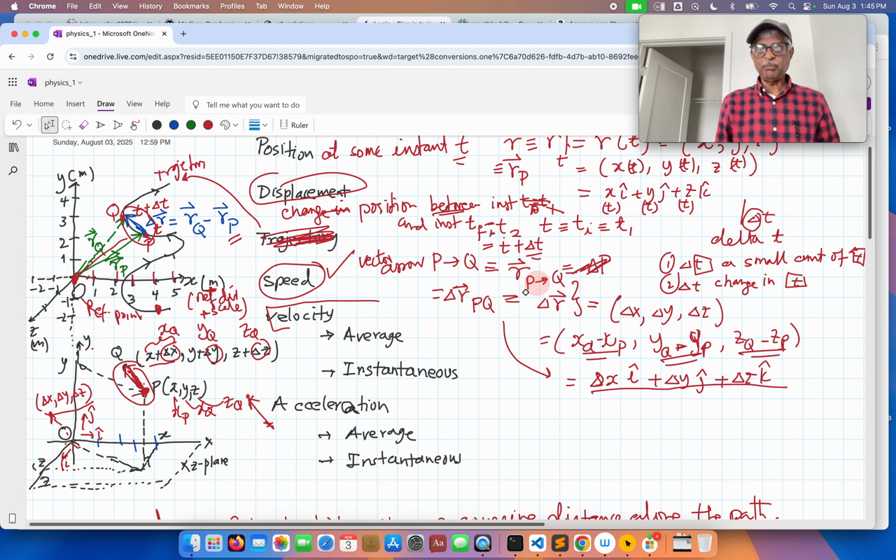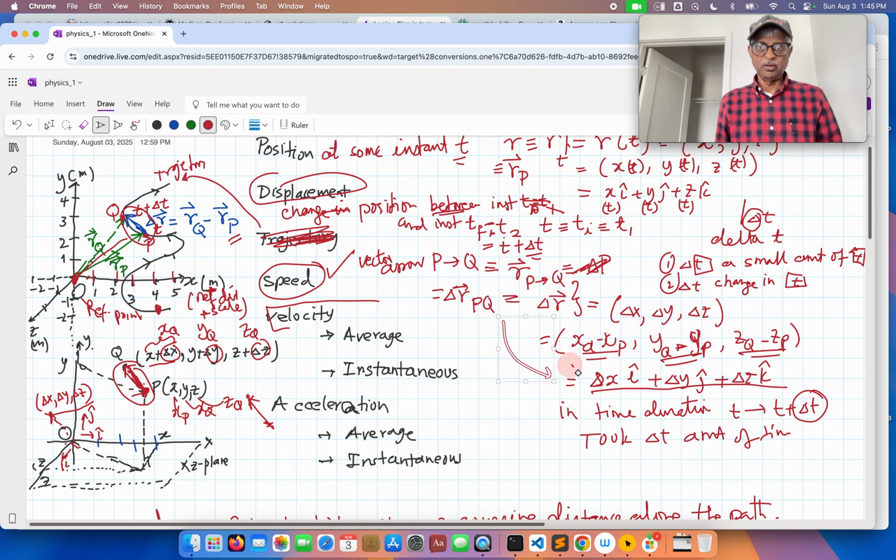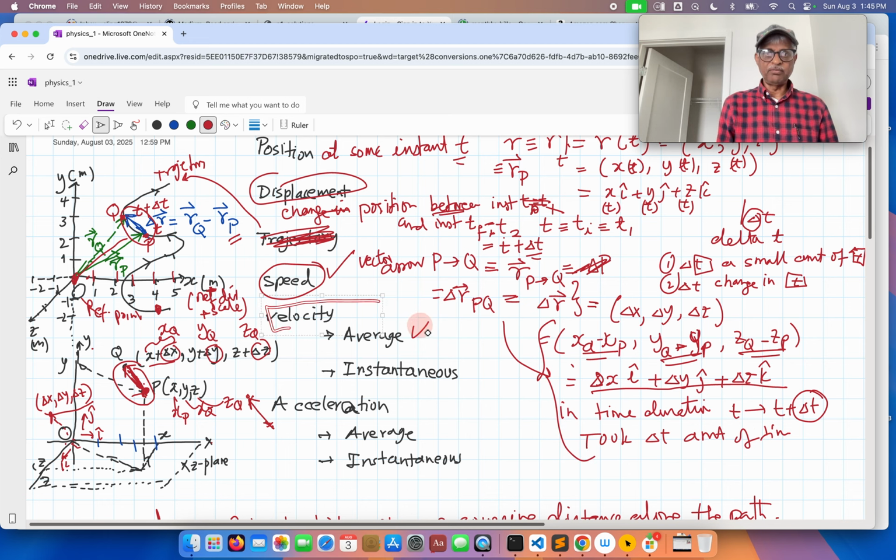And this whole thing happened in a time duration, t to t plus delta t. So that's how much time it took you. The ratio of these two gives the average velocity.